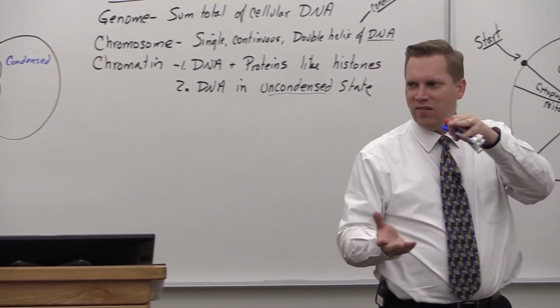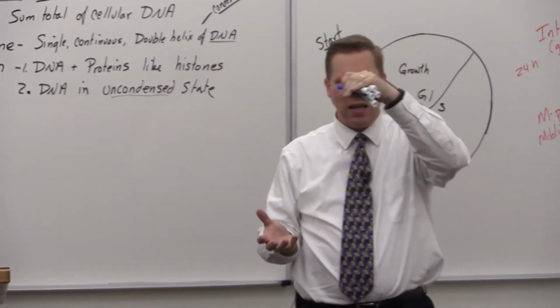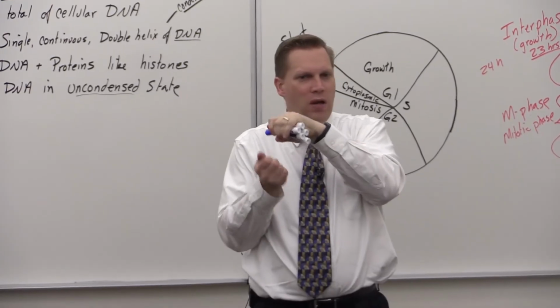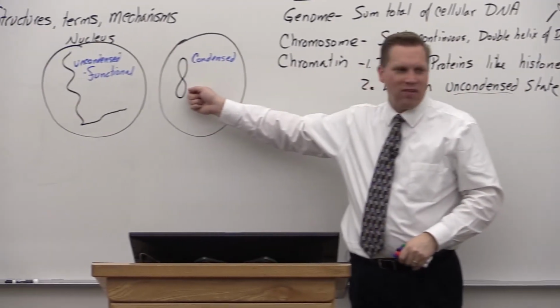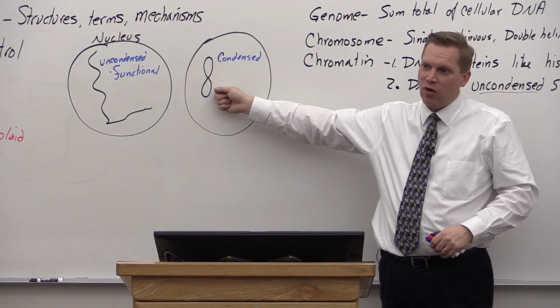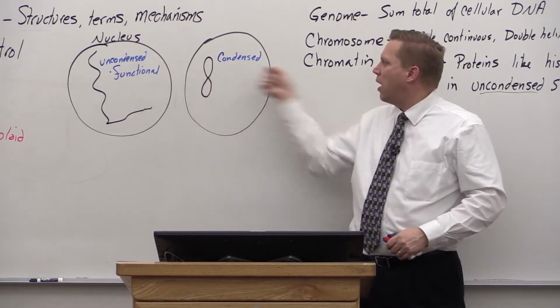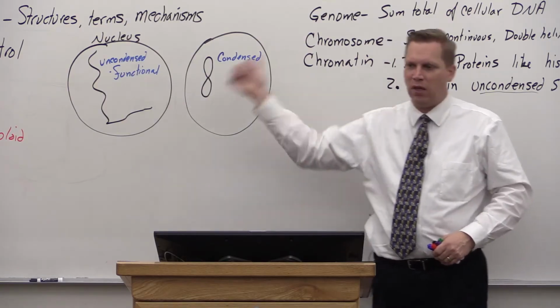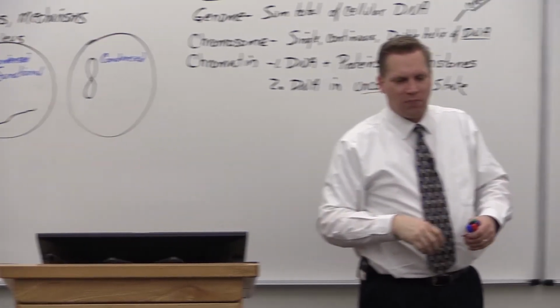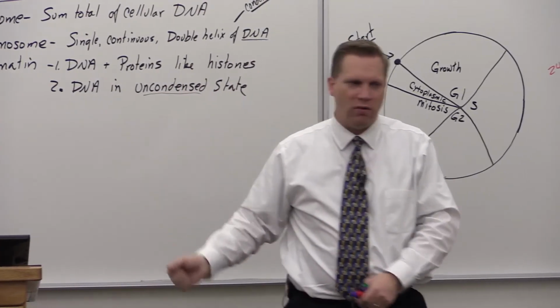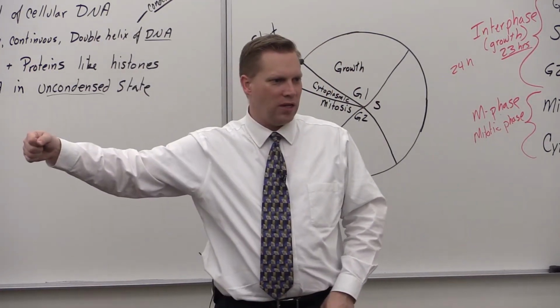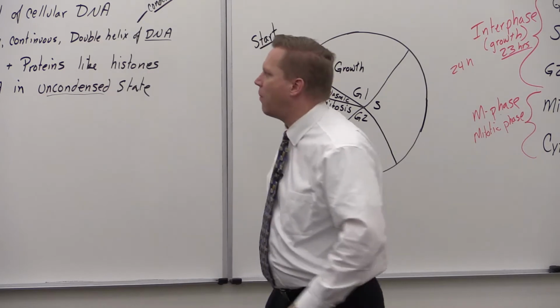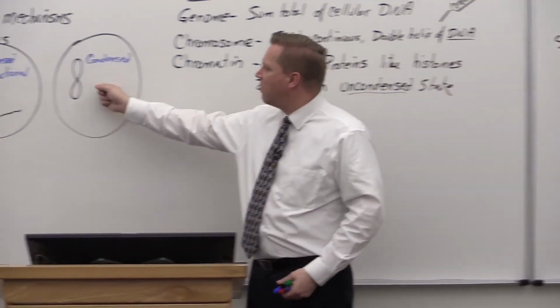So what the cell does is it takes those long strands and it compacts them into a nice, tight structure like this that's visible actually under a microscope. And now if I grab this part and move it, the whole thing comes with me. It's like the difference between grabbing an electrical cord and dragging it wherever I need it, or coiling it up first and then pulling it to where I need it. And that's what's happening. So we are going to condense the chromosomes.